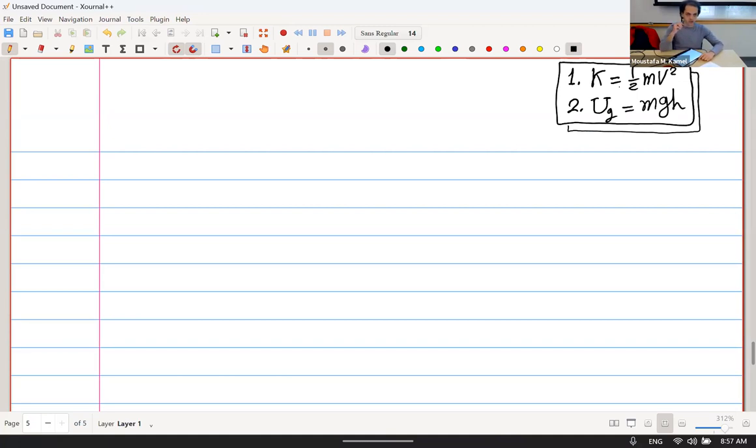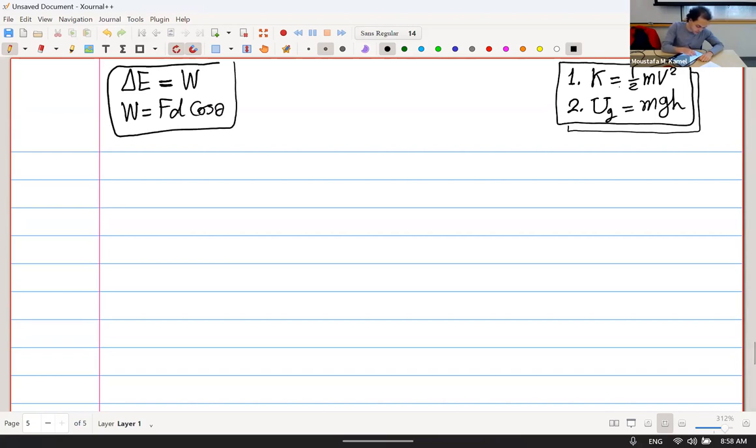And the tools we use to derive all of these equations are this cause and effect relation between the change in energy and work, and the definition of work as the force times distance times cosine of the angle. So those are the tools to derive those.